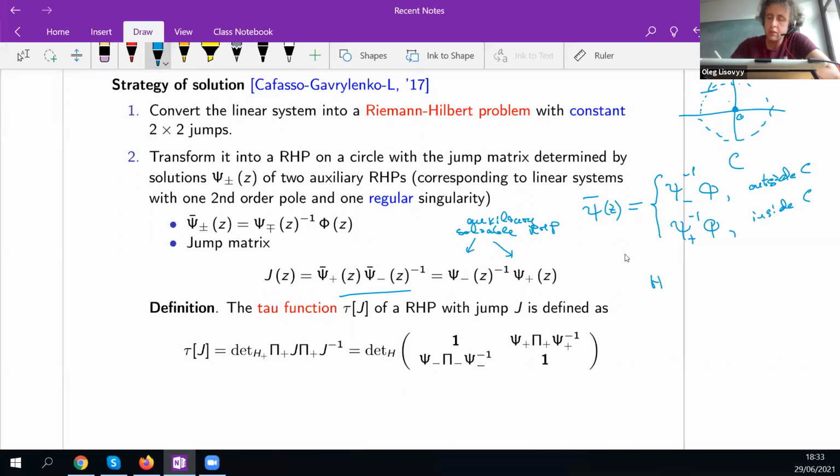H is the space of functions on our circle times C2, which is the rank of our linear system. So this H decomposes, of course, into a direct sum of spaces of functions that can be continued analytically inside and outside C. So this is what the indices plus and minus refer to.